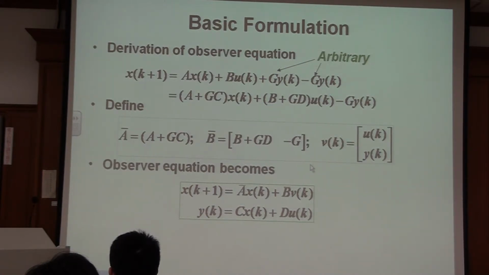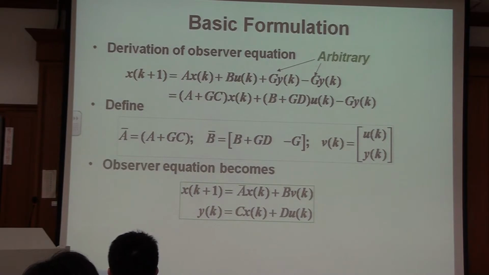How can I estimate my displacement? Of course, you can integrate that. But if you don't know initial conditions, you cannot integrate that. For that case, you need observer equations. The observer equation is the equation for you to estimate the states you don't measure. That's the purpose of observer equations.